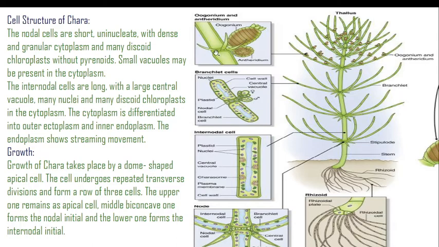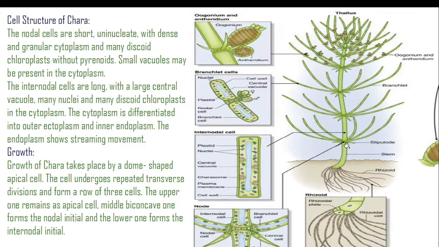And in this way, this nodal portion is divided into stipules, globules, nucules, and branches of limited growth. And in this way, there is a construction of a complete thallus of Chara which possesses rhizoids, then the stem.